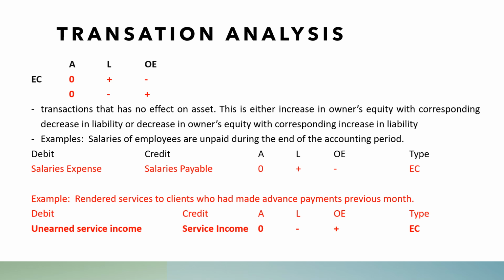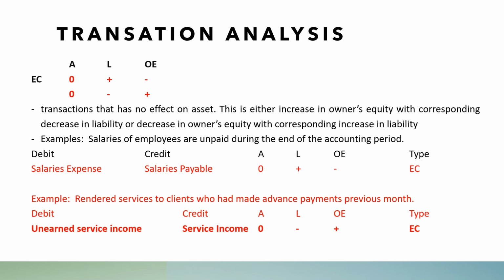So debit salaries expense. And then since the company did not pay the employees yet, that is a liability in the form of salaries payable. So place the salaries payable on the credit side because the liability of the company increased since it was not able yet to pay the salaries of the employees.